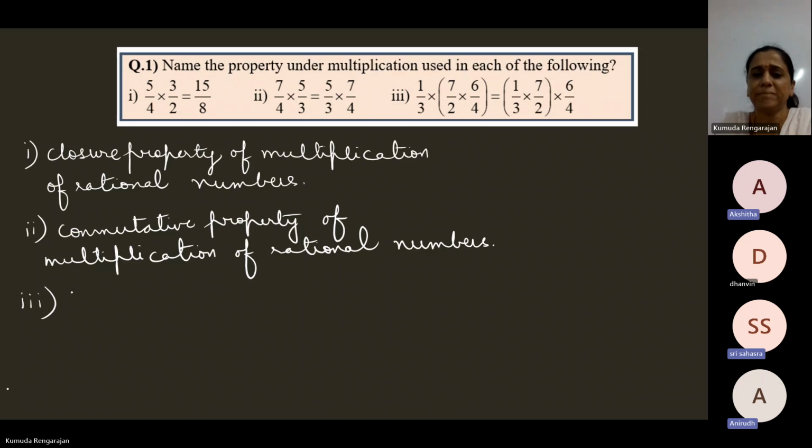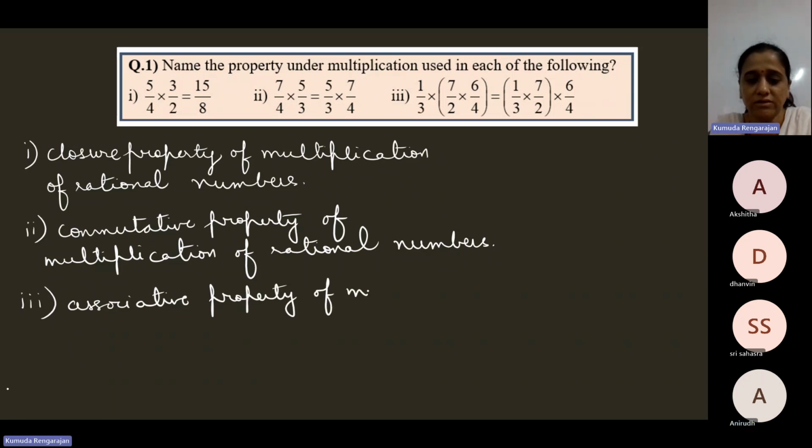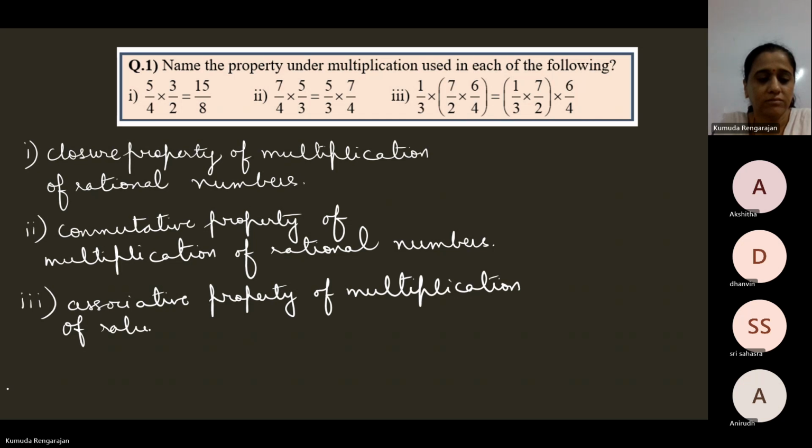Associative property of multiplication of rational numbers. Correct. Associative property of multiplication of rational numbers. Very good.